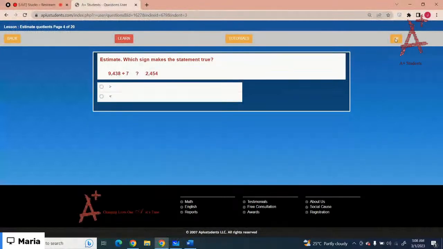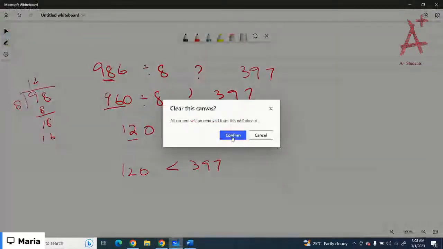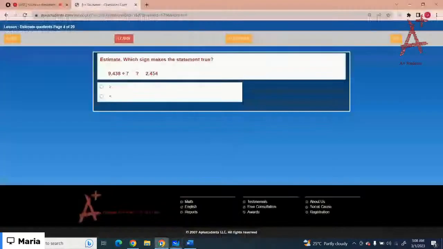Okay, the next one is 9438 divided by 7, and you have to compare to 2454.